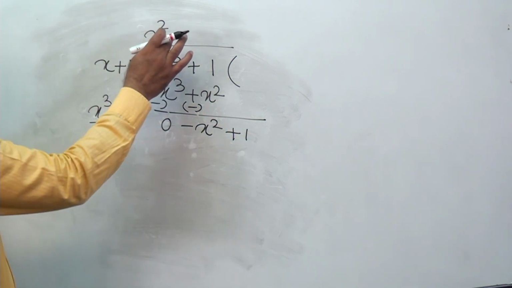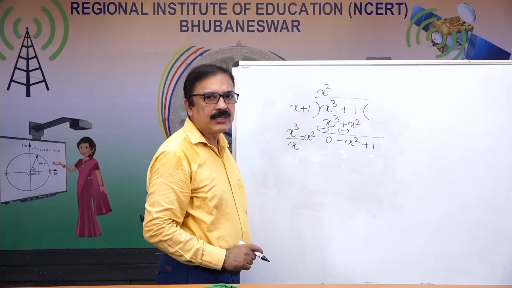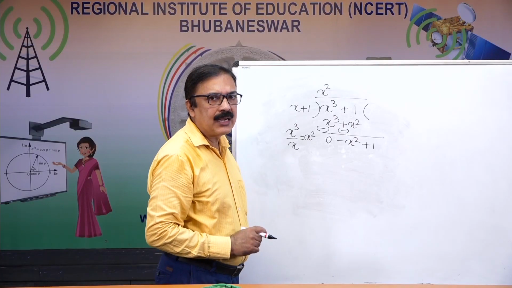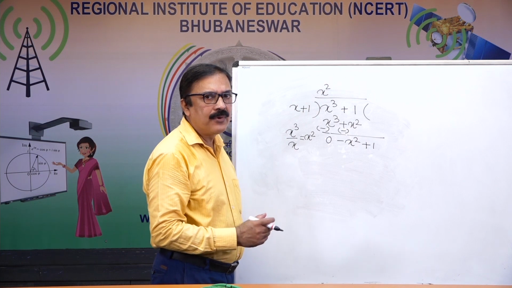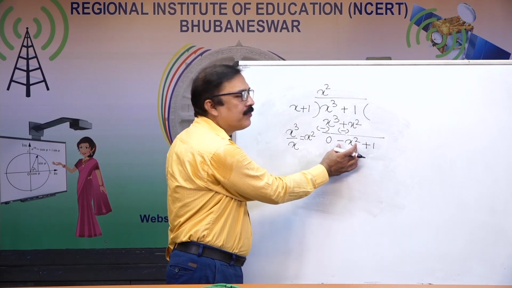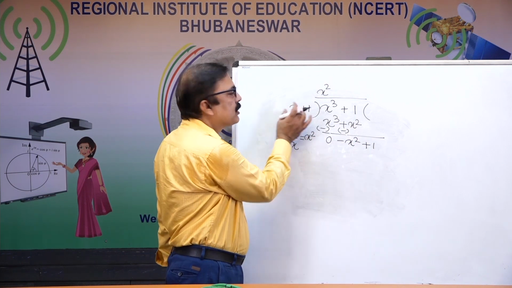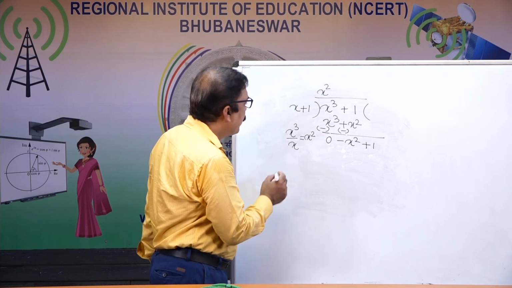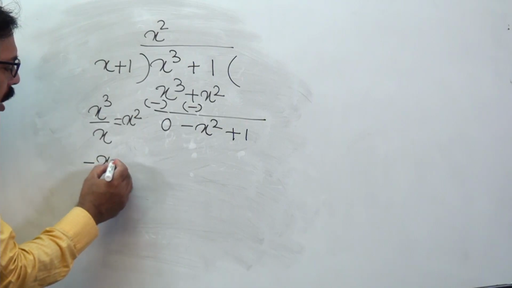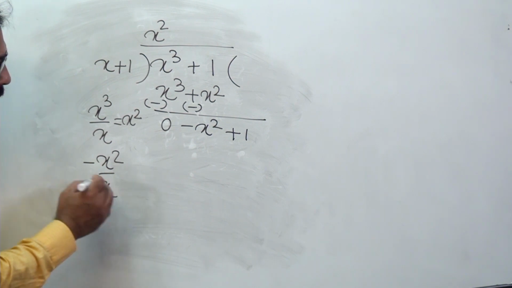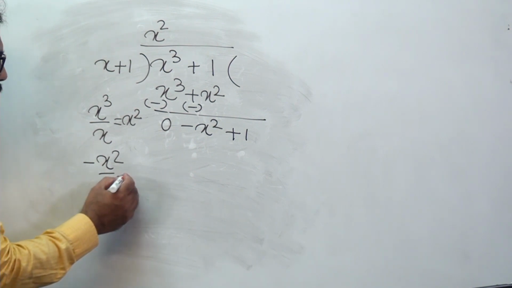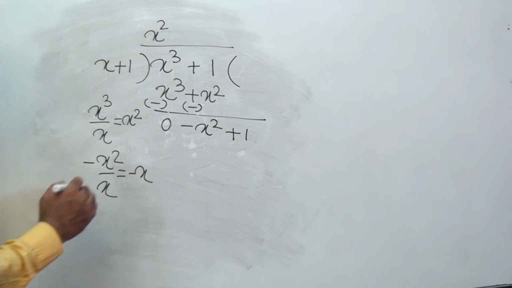How to get the second term of the quotient? To get the second term of the quotient, we have to divide the first term of the new dividend by the first term of the divisor. That means minus x square by x, and this gives minus x.